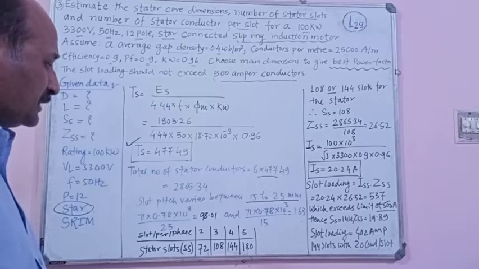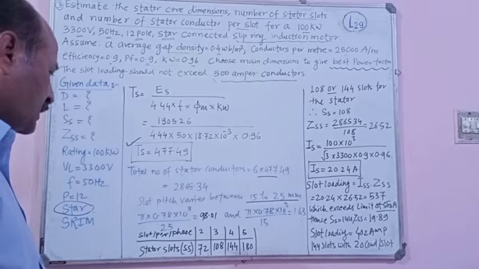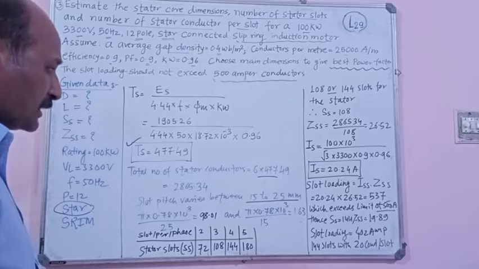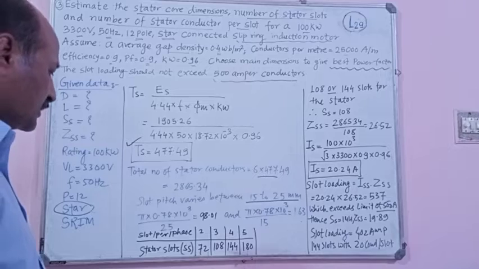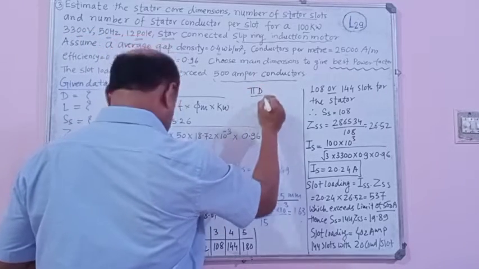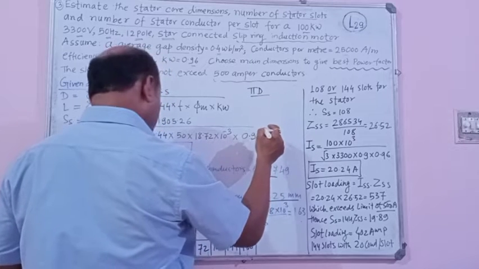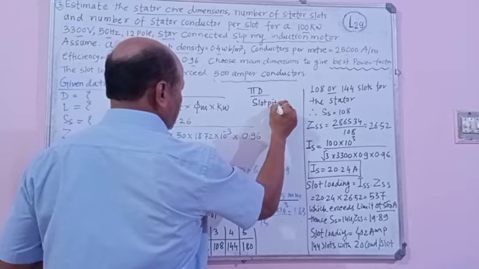Now the slot pitch varies between 15 to 25 mm. So in this way, you can calculate the number of stator slots. How will you calculate? That is pi D divided by value of slot pitch.